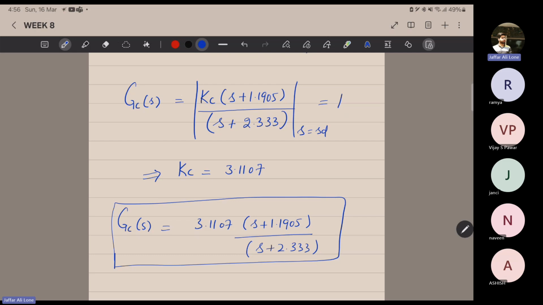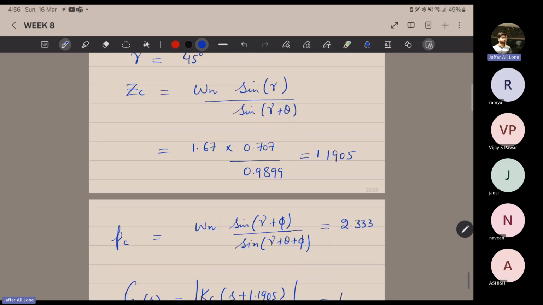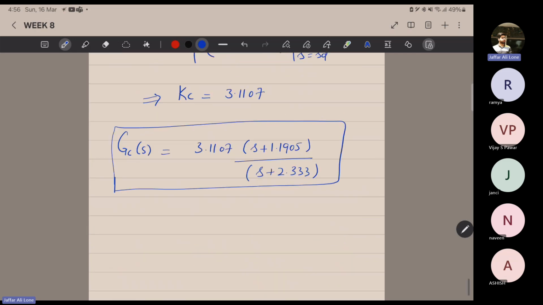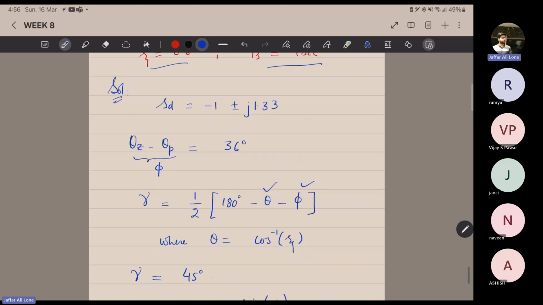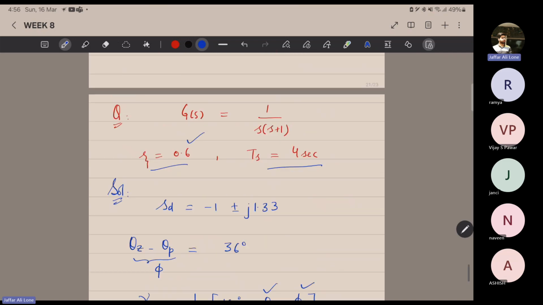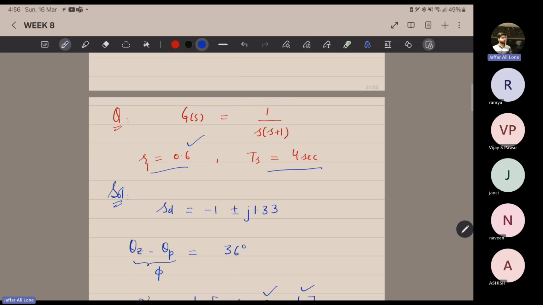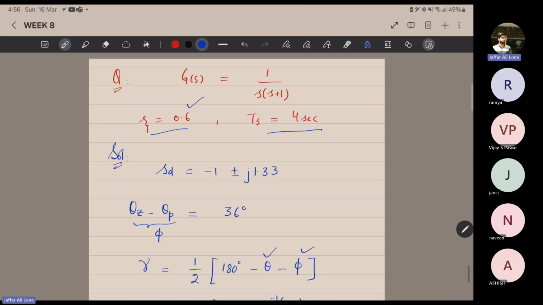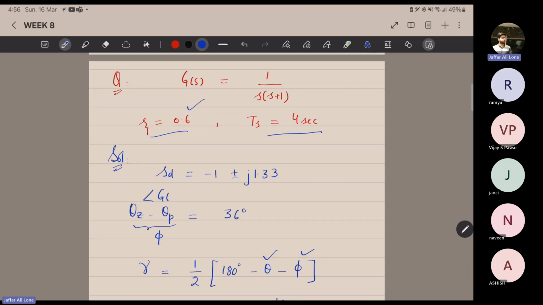So this is for your assignment problem, but in general, if you want to design, there are n answers. This is from your slides. What you have to do is just find the angle deficiency. There is one other way for the angle deficiency: no need to write theta Z and theta P. You can directly consider the angle of GC of S, because this is the angle which this compensator is applying.